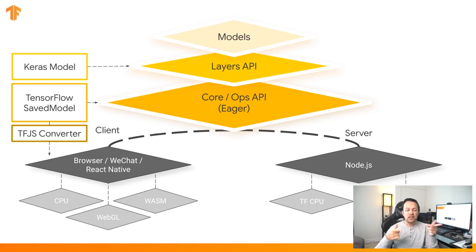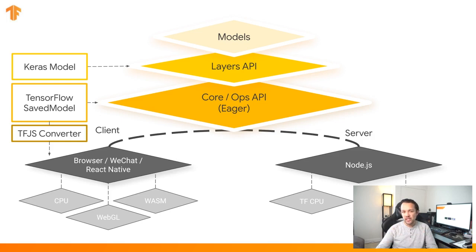Now if we just focus on the client side for a second, you can see things like the browser, WeChat, React Native sitting over there, and each one of these environments understands how to talk to different backends, such as the CPU, WebGL, or WebAssembly. Now of course the CPU is always available, but it's the slowest form of execution. If a graphics card is available, we can leverage WebGL to get higher performance on the graphics card.